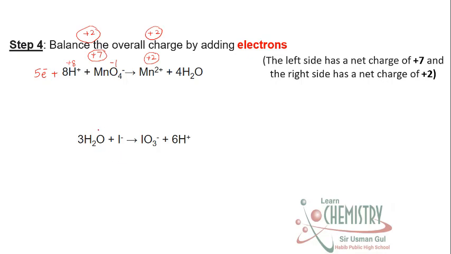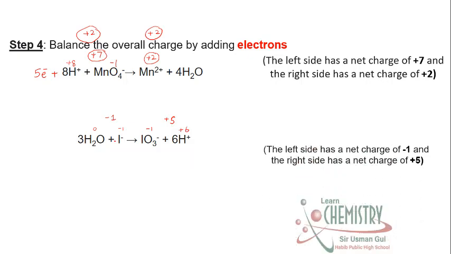In the second half reaction, there is no charge on the water molecule, but there is a -1 charge, so the net charge is -1. And on the right hand side, the IO3 has a charge of -1 and 6H+ have a +6 charge, so the net charge is +5.